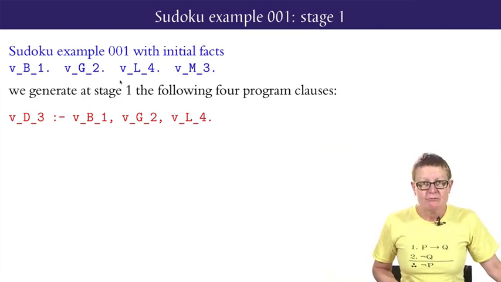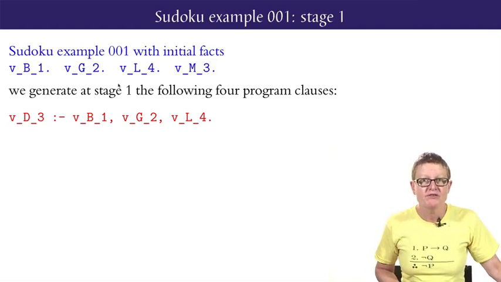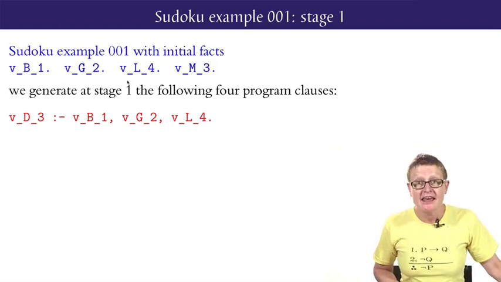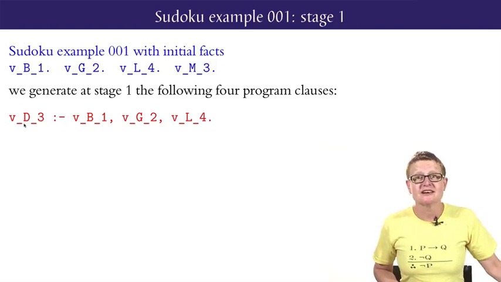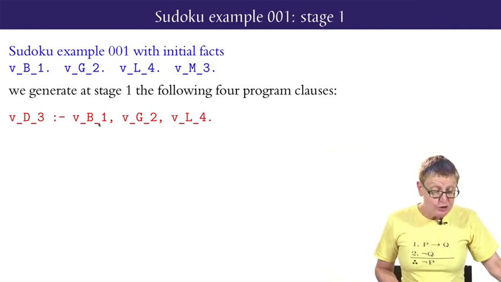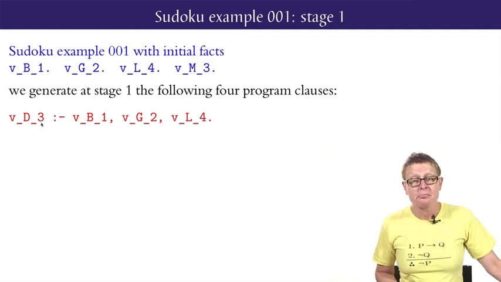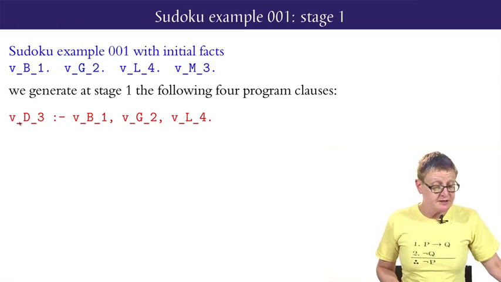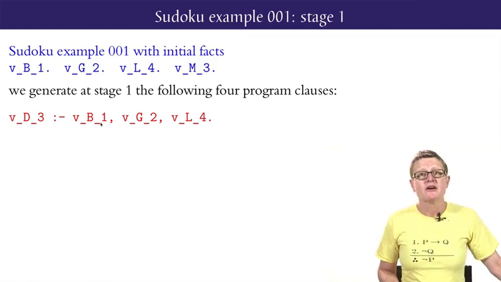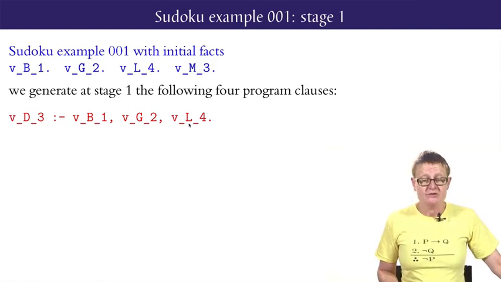Then we look up the table to find a cell which is Sudoku related to each of B, G and L. There is only one such cell, D, and the value remaining after excluding 1, 2 and 4 is 3. So we get the program clause. The value of D is 3 if the value of B is 1, the value of G is 2, and the value of L is 4.